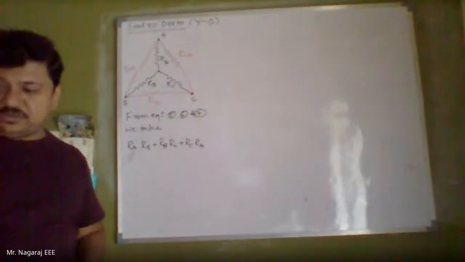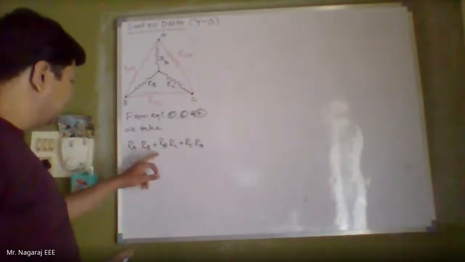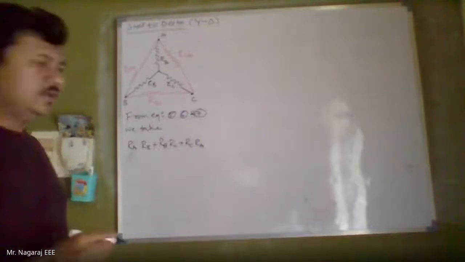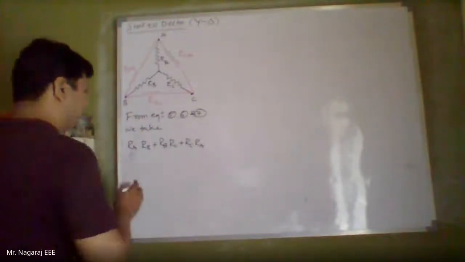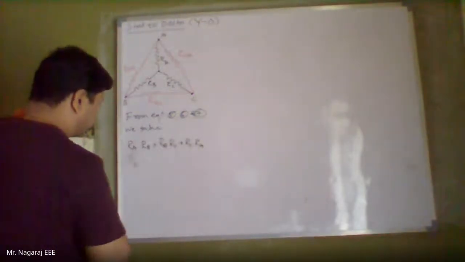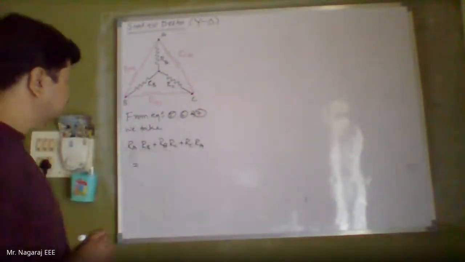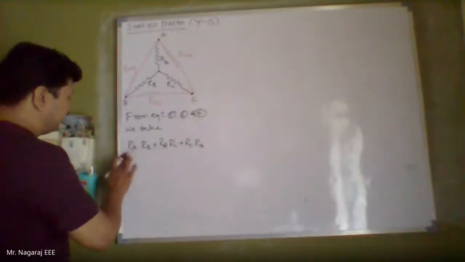Now I will substitute the values of RA, RB and RC in this equation. So this will be equal to RA, RB plus this. Now substitute the equation for RA.